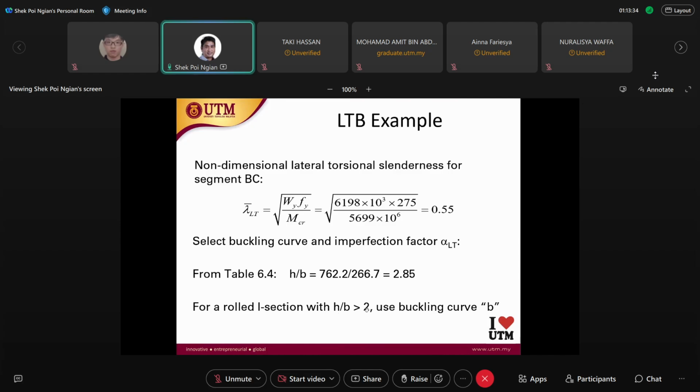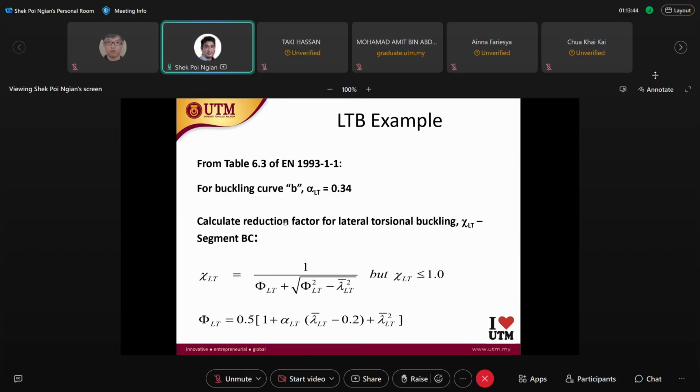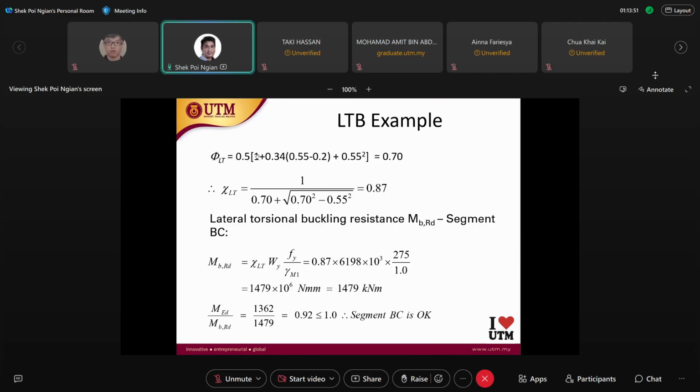The ratio is more than 2, so from table 6.4 we use buckling curve B. For curve B, alpha_LT, the imperfection factor, is 0.34. We insert 0.34 into the equation, with 0.55 from our calculation, and we get phi of 0.7. Lastly, we get our reduction factor equal to 0.87.